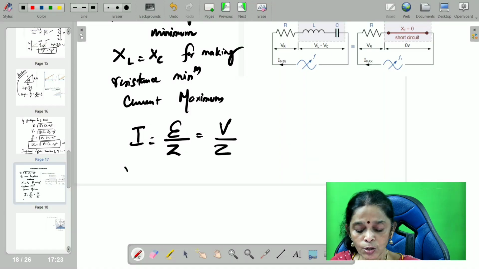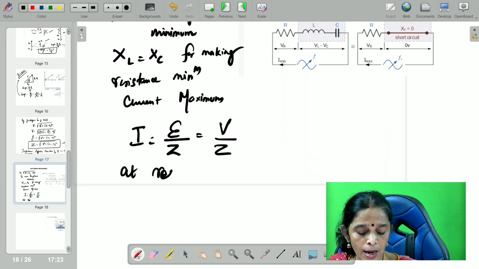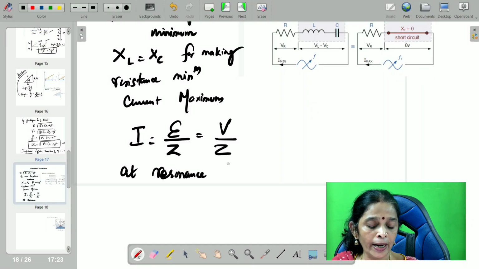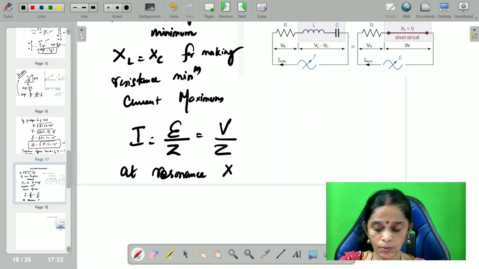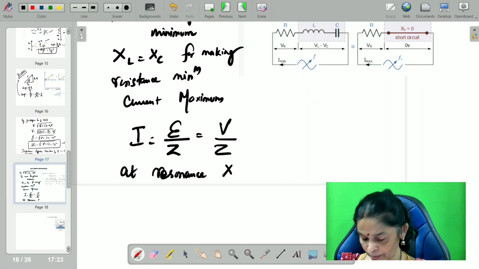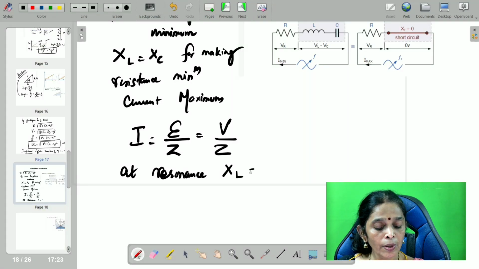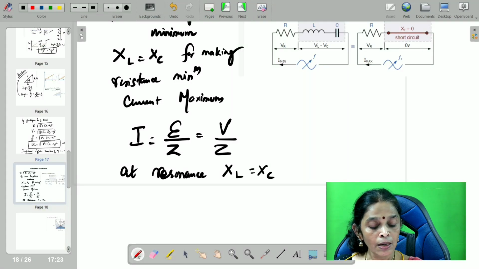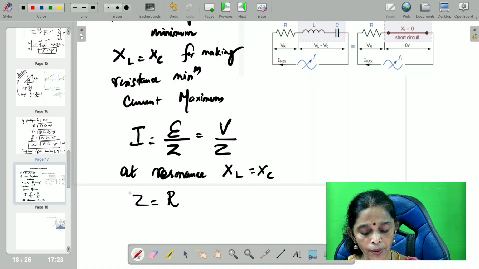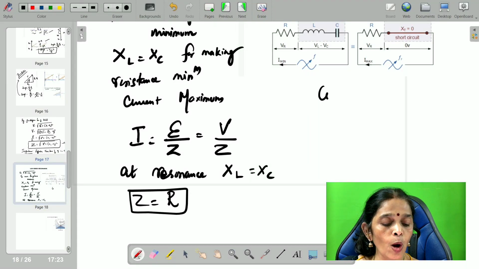Okay. So therefore, at resonance, XL is equal to XC. When XL is equal to XC, then Z is equal to R. So what are the resonance conditions you have? Number 1, XL is equal to XC.